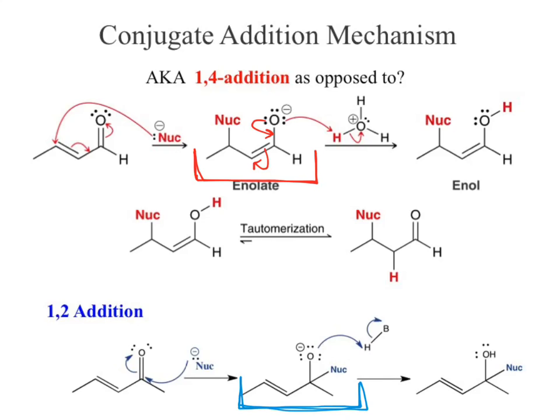That resonance stabilization, because this was an alpha-beta unsaturated carbonyl to start with, happens to be an enolate. That's the only reason we're calling it an enolate: because we started with an alpha-beta unsaturated ketone. Our product, if we attack in the 1,4 type addition, is an enolate.